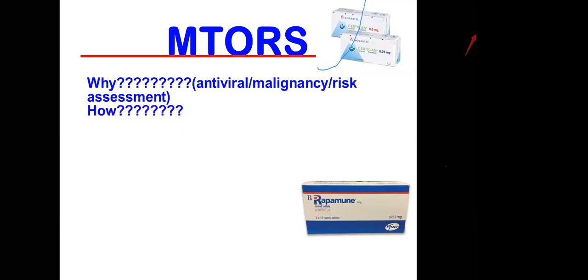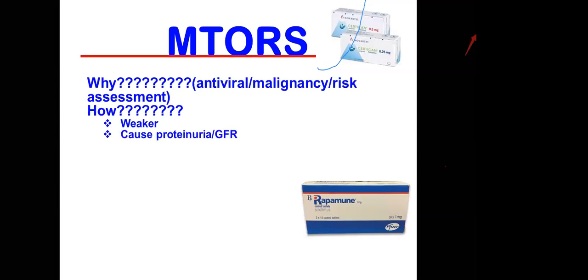And how to shift or to add mTORs, because this is one of the questions in the chat. We usually know that they are weaker, so mostly we need a biopsy before this shift from CNI to mTORs. Also, it causes proteinuria.